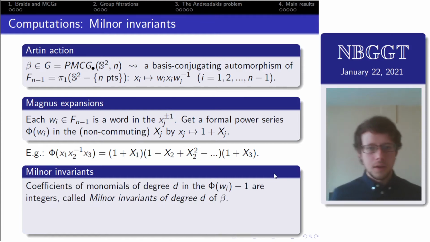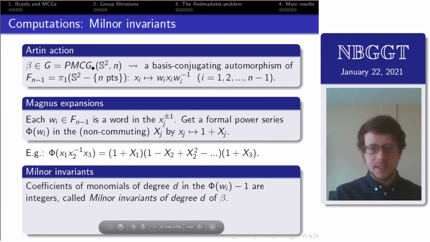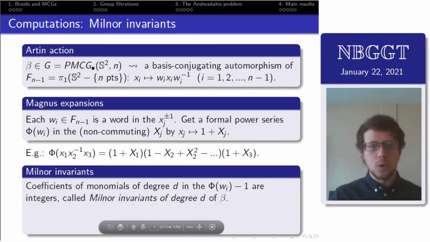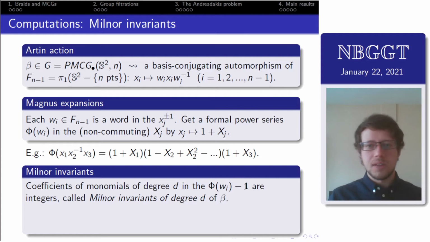These coefficients are integers, and if I'm looking at monomials of degree d, then their coefficients are called Milnor invariants of degree d of beta. I take this -1 here because you see that it has to begin with a 1, but this is not really important.